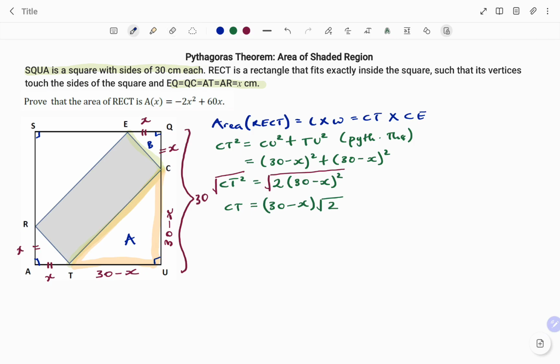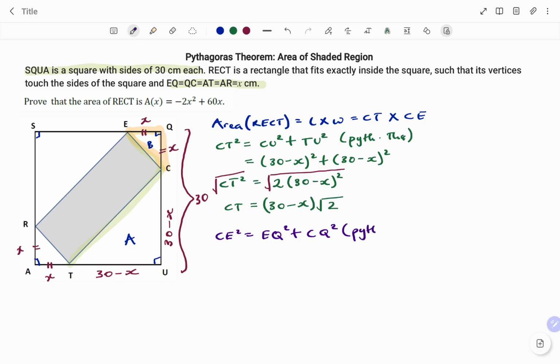The next step is to find my CE, because I need that to find the area of the rectangle. So using the same formula, the Pythagoras theorem, I have CE all squared is equal to the triangle B. I have EQ squared plus CQ all squared.